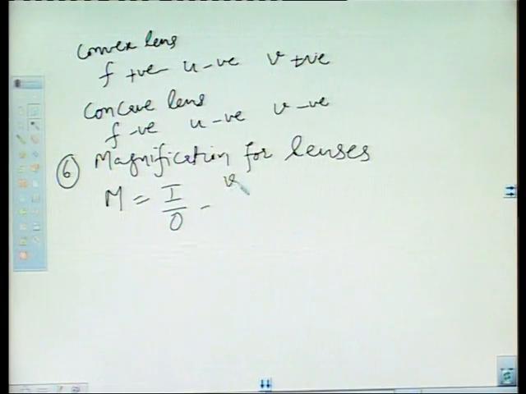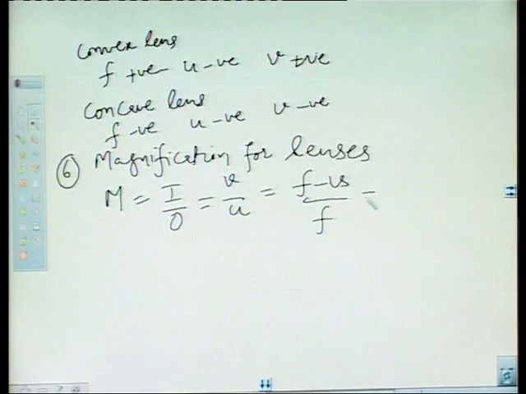This is equal to v upon u. Ratio of v upon u is the magnification. This is also equal to f minus v upon f, or f upon f minus u. So these are some formulae for the magnification of lenses.